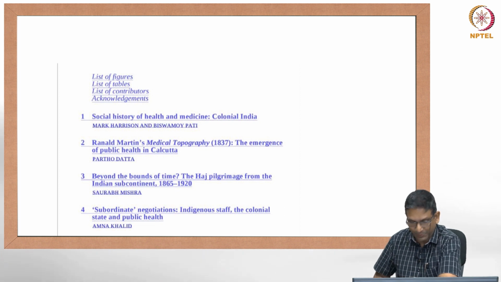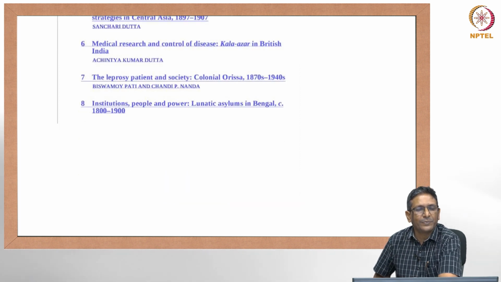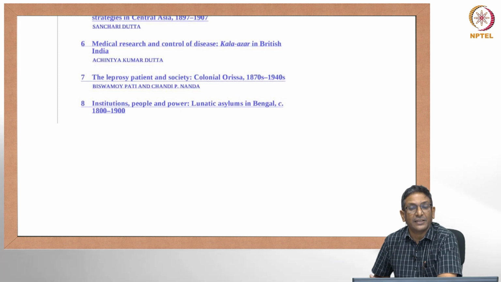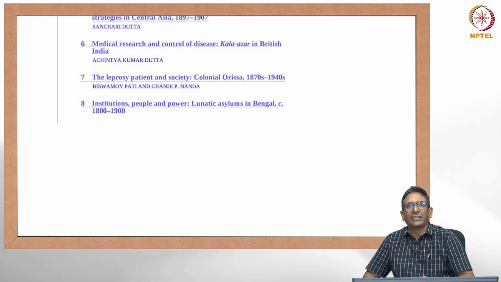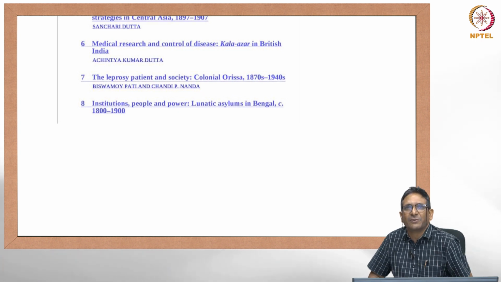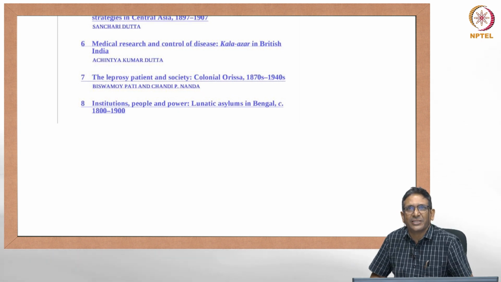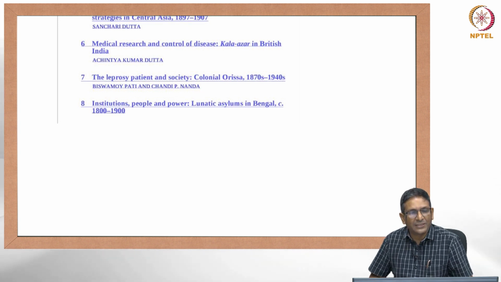Then the next one is about plague, and then the next one is about Kala-Azar, leprosy, and lunatic asylum. So some of these things which we have not covered in the course, like leprosy and mental illness, are also covered in this.